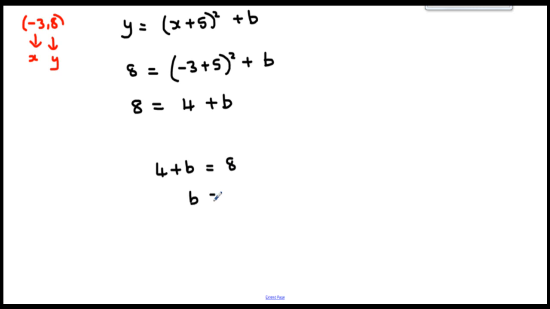Now right at the end, write down both answers, a is equal to 5 and b is equal to 4, and underline your answers.